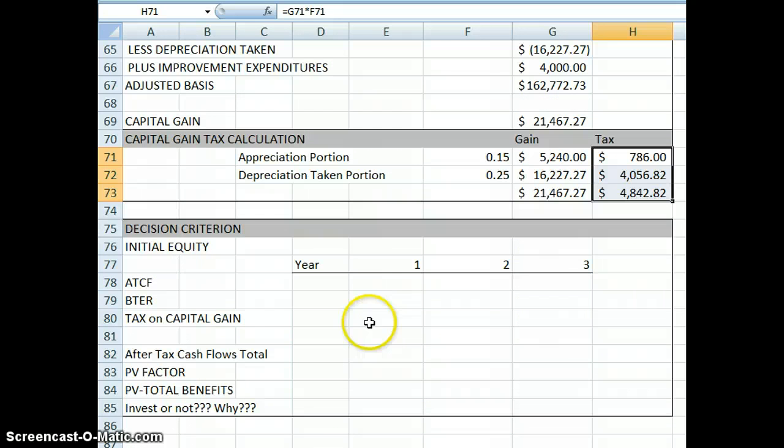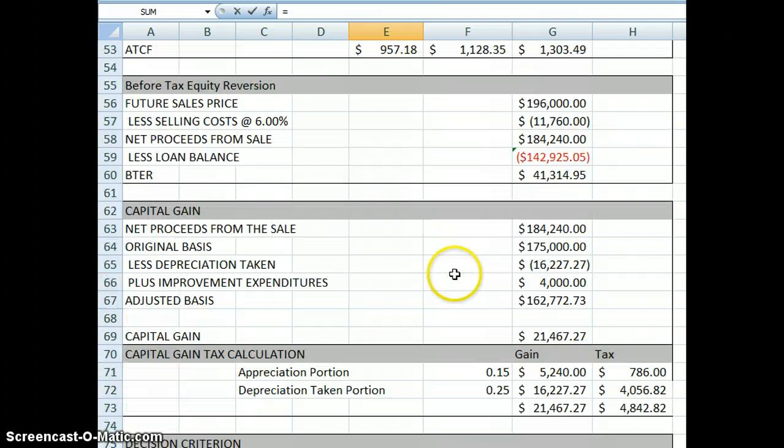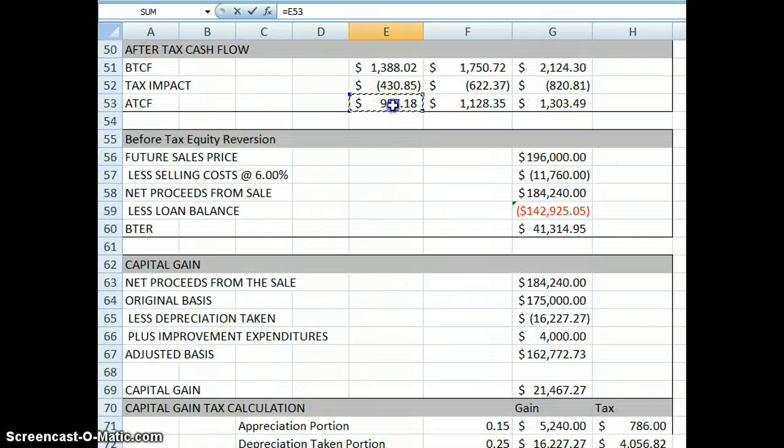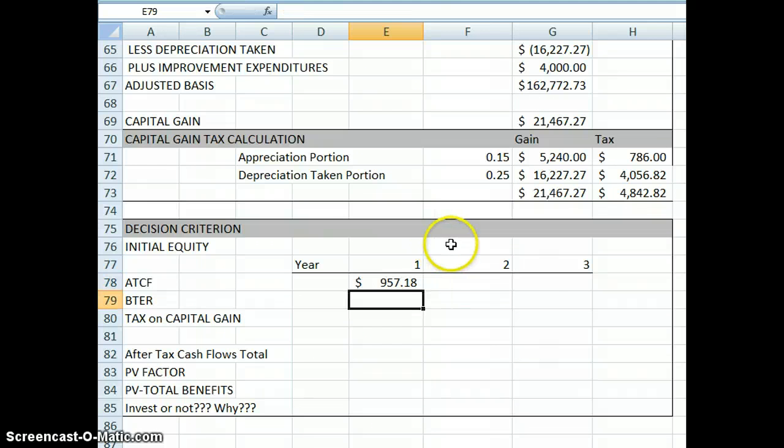Okay, so now we get to our biggest part here, where we actually make our decision. So the first thing we're going to do is get in our after-tax cash flow, just from up here. Just copy these over.